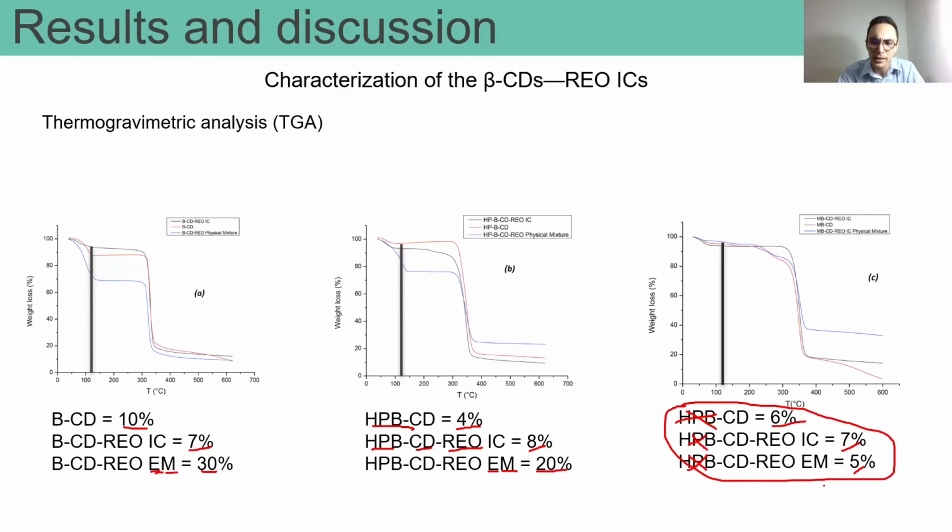But why does this happen? Something we can answer is that they have a more efficient inclusion, because these molecules have a stronger interaction and formation with the beta-cyclodextrin. So that's why we think this is happening.